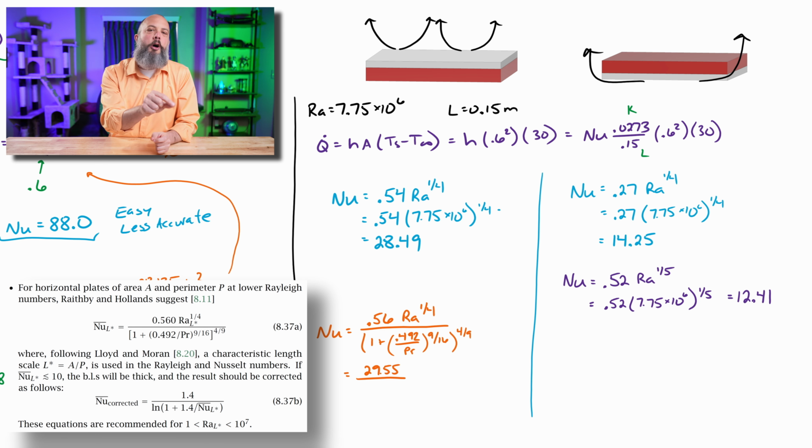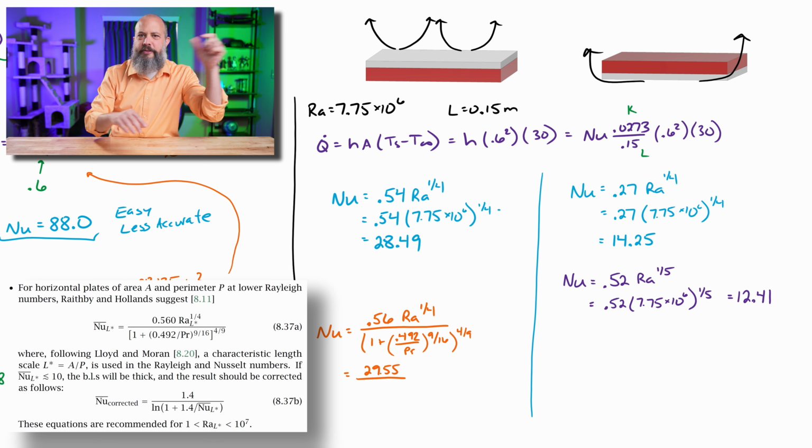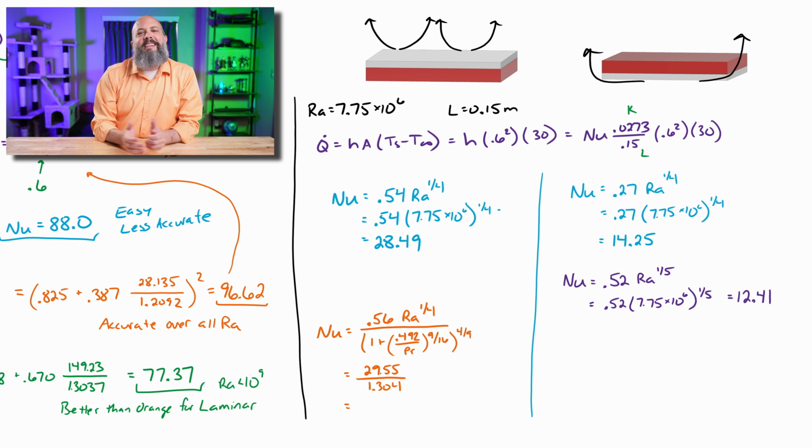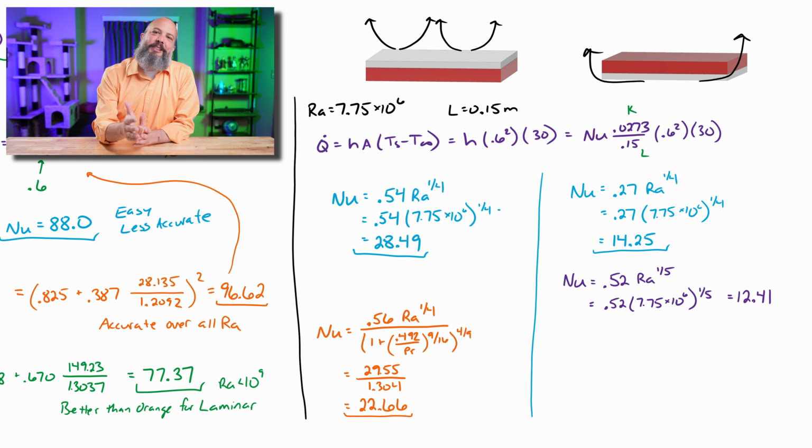Basically, they're really good at calling out old versions of the equations and showing why this is the best version to use. So theirs is 0.56 Rayleigh to the 1/4 divided by a whole bunch of junk in the denominator. Again, 9/16 power. And now their Nusselt number comes out to be 22.66. And this is way lower than the other one, right?